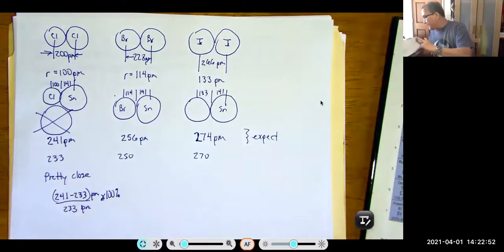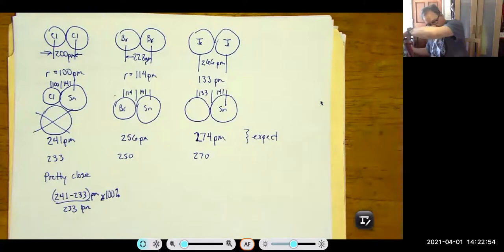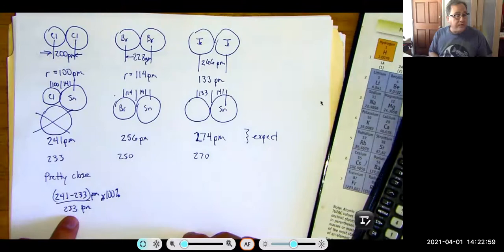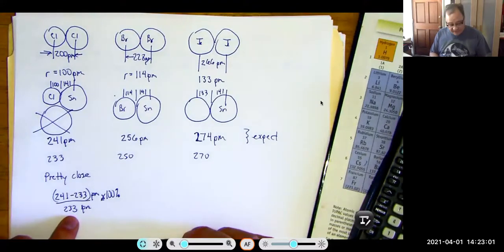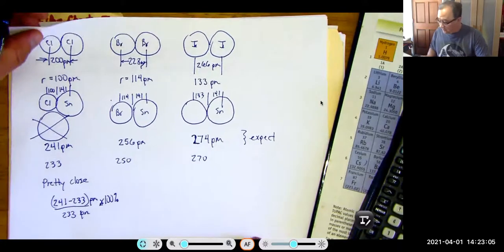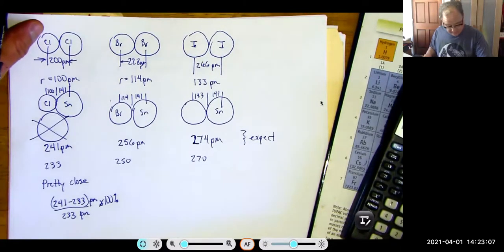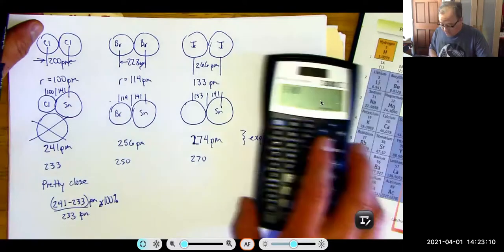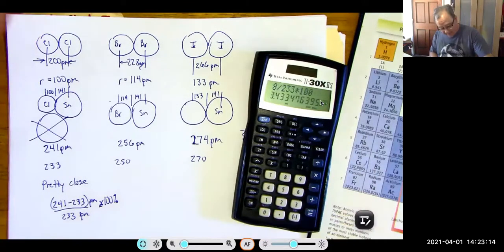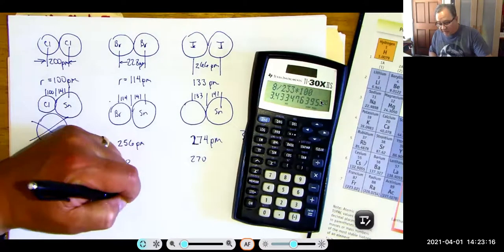Let's see, where's my calculator? We're going to get a difference there of 8 over 233, which comes out to be less than a 4% difference, I think. So 8 divided by 233, and then times 100%. And we get a 3% difference.